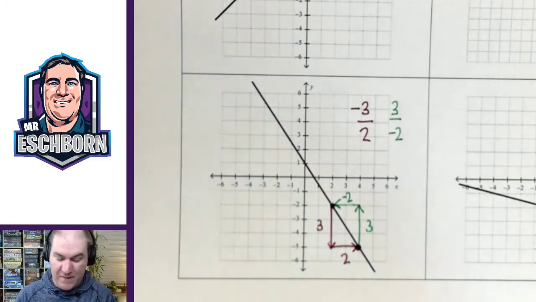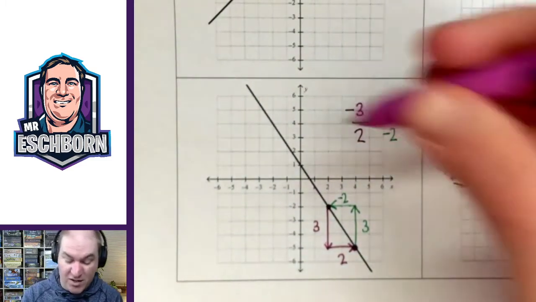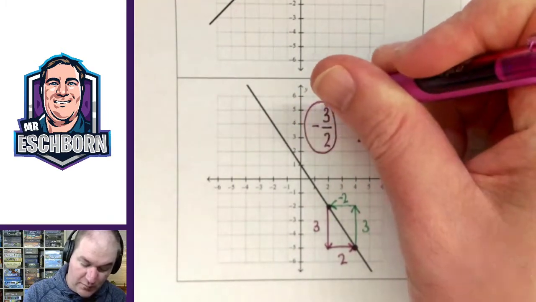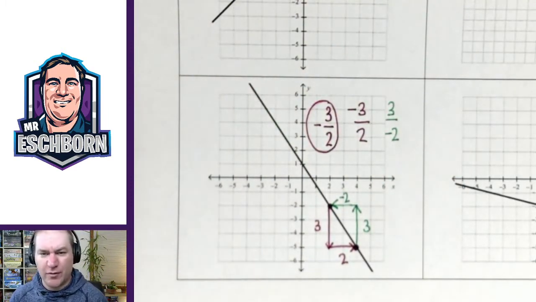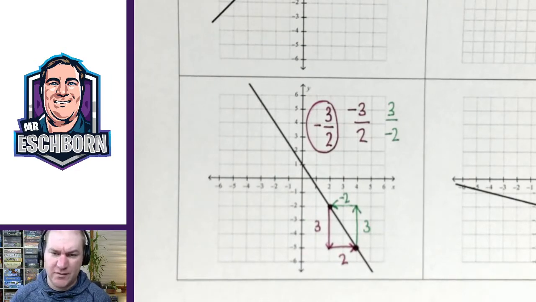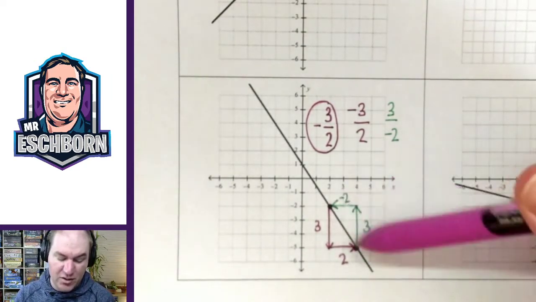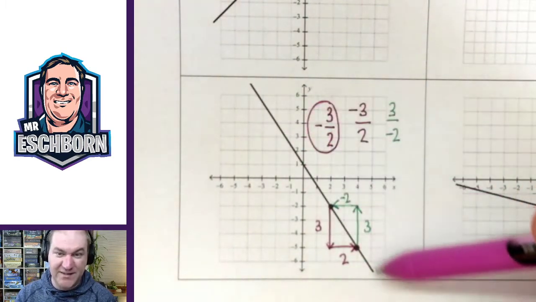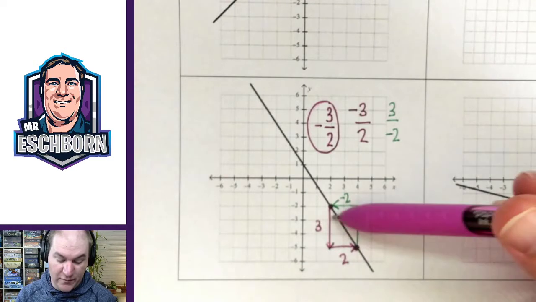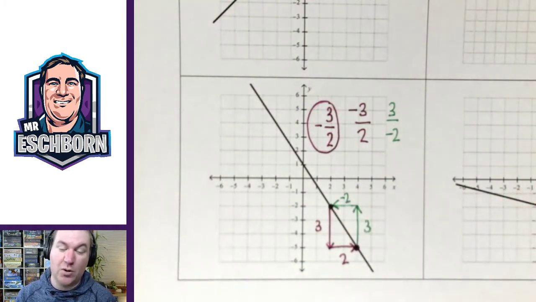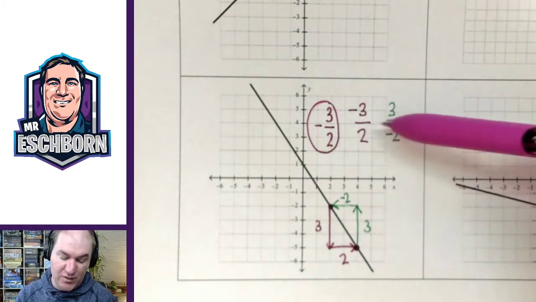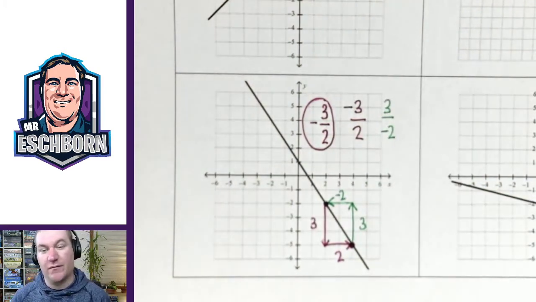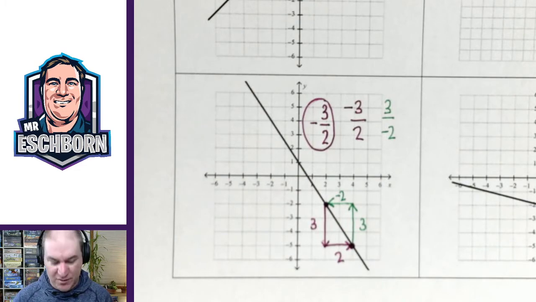And actually, there's a third way to write both of these fractions, and that's just to put the negative out front, not attached to either number, to show that the whole fraction is negative. So it doesn't matter which direction you go between the points. Just know that this line is a negative slope, so make sure that one of the directions that you end up going is negative. Doesn't matter which way you write it. I'm going to write it like this with the negative just out front of the fraction, not really attached to one of the numbers.